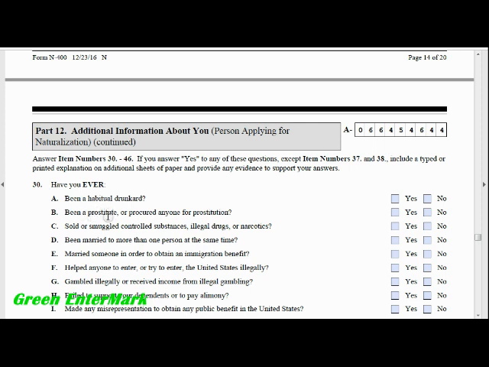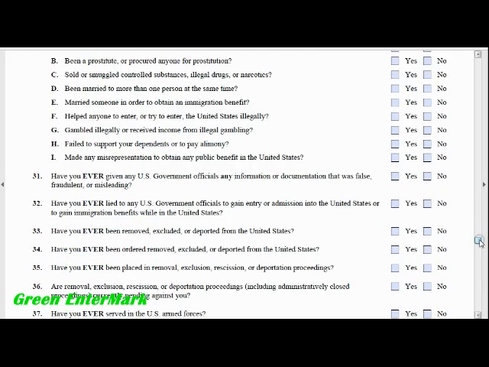Been a prostitute or procured anyone for prostitution? Sold or smuggled controlled substances, illegal drugs or narcotics? Been married to more than one person at the same time?